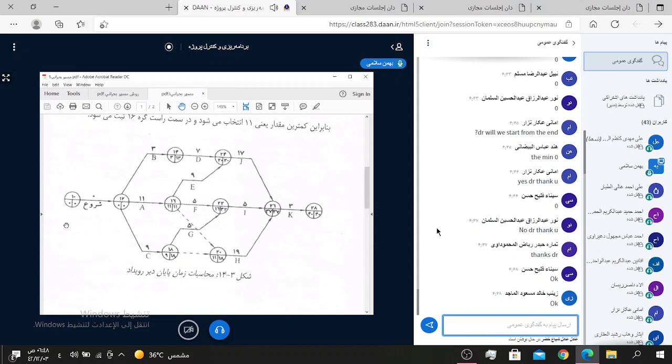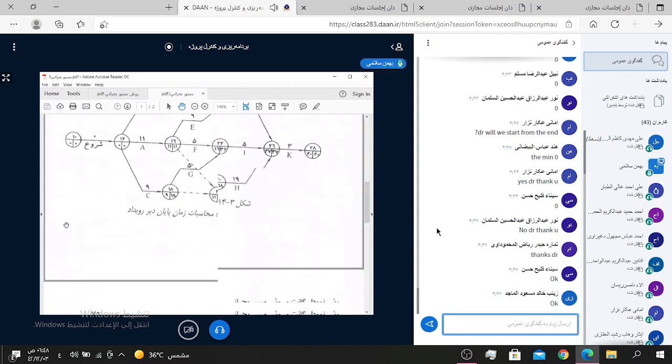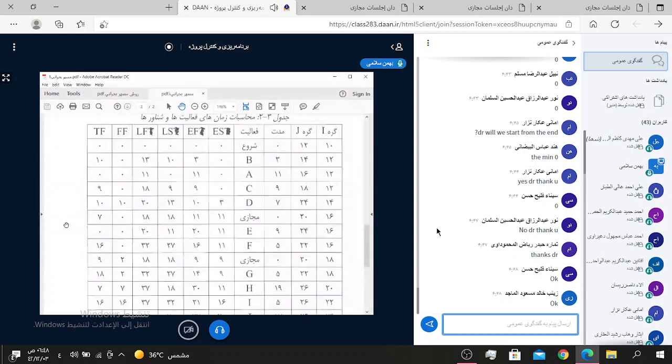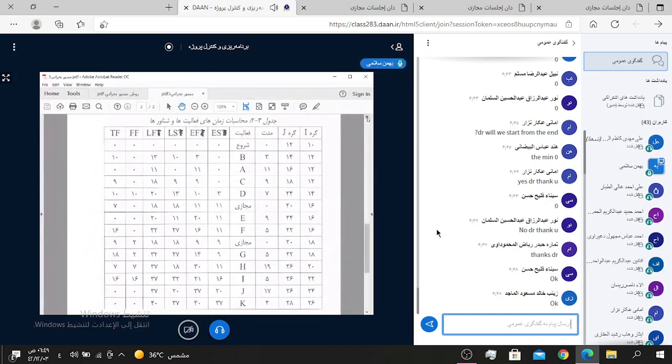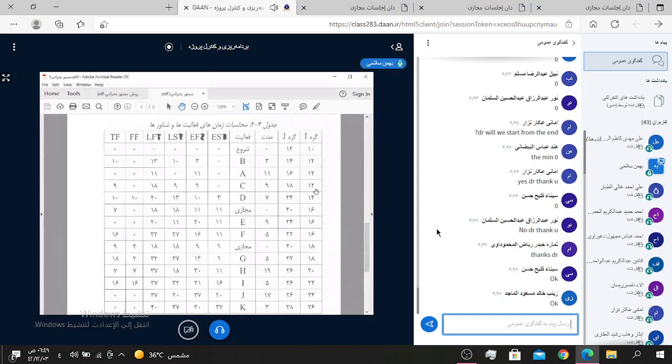For calculating the EF and LS, we should make a table same as this, as you see. We write this table.